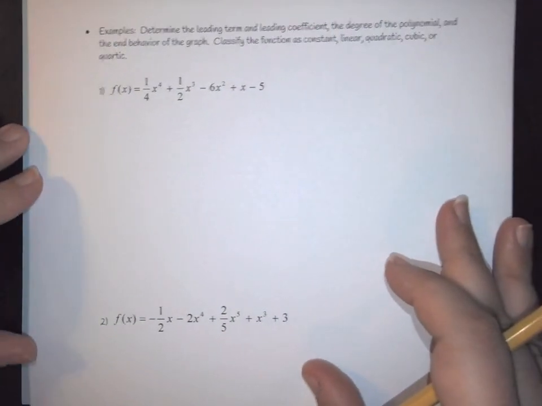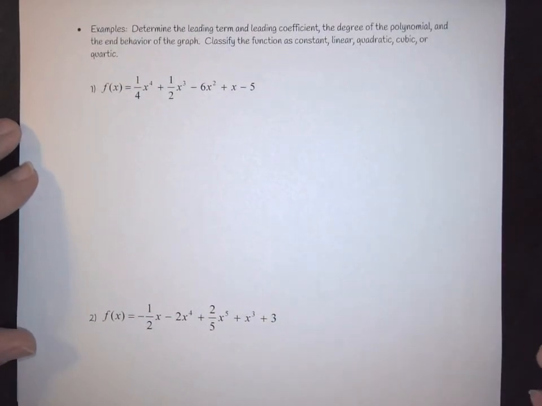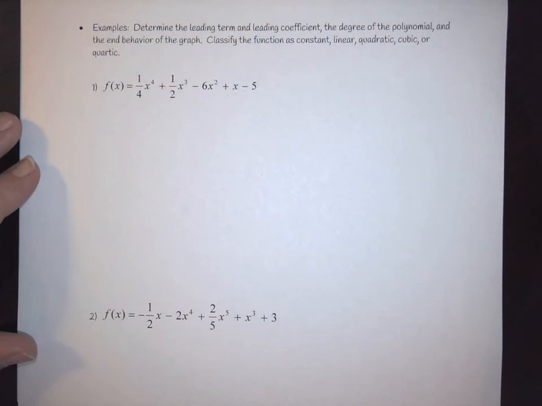So here in this problem, you need to determine the leading term, the leading coefficient, the degree, the end behaviors, and then classify it as constant, linear, quadratic, cubic, or quartic.